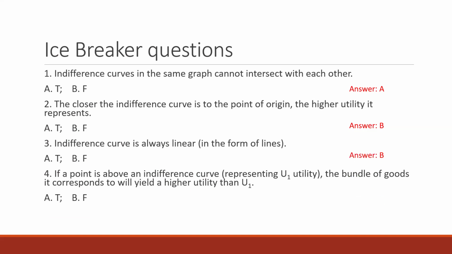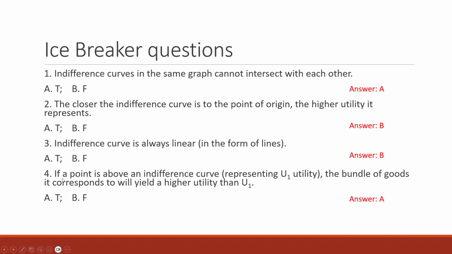Okay. The fourth one, if a point is above an indifference curve, namely, which is representing U1 of utility, the bundle of goods it corresponds to will yield a higher utility than U1. The answer to this is true.